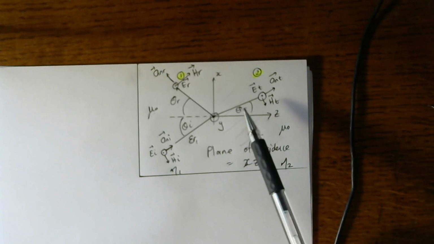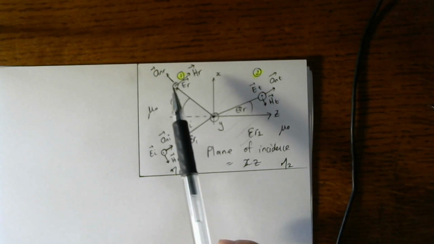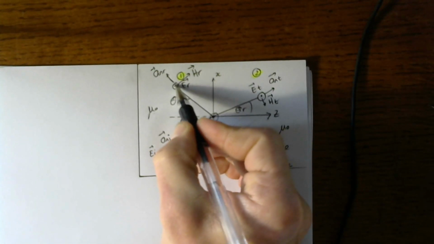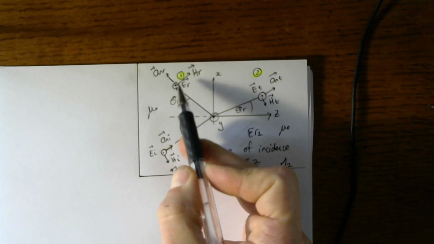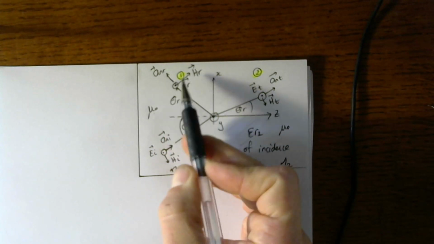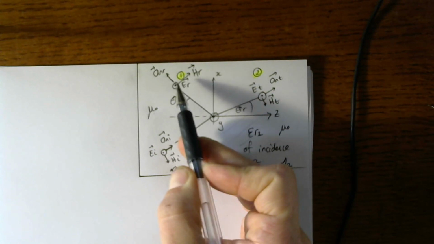We want to know this angle as well, and then we want to know the reflected field. So ER is over here. Let's just say it comes out of the board, and the direction of propagation of this reflected field is in this way. Then HR has to be in that direction over there.